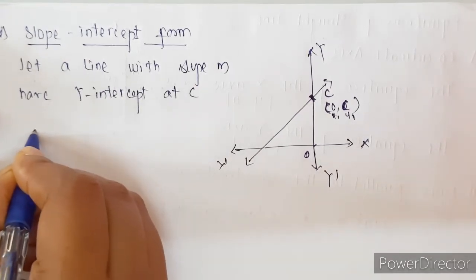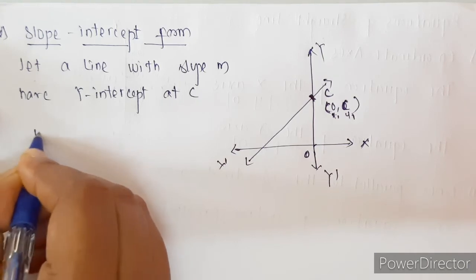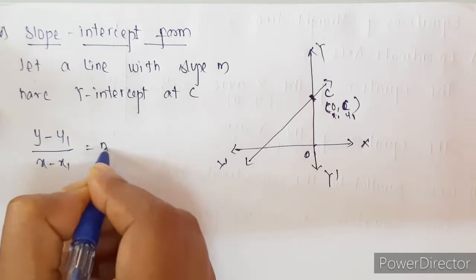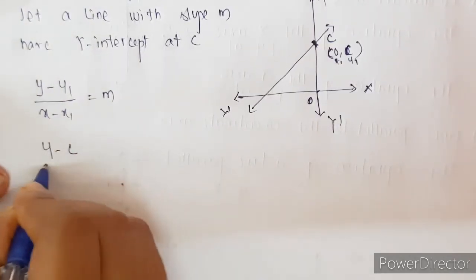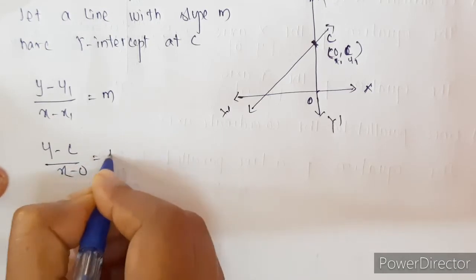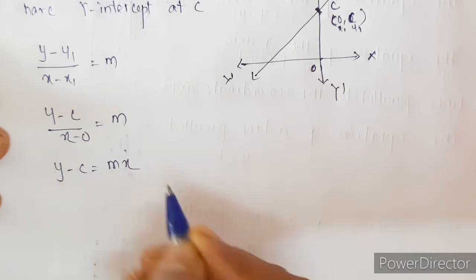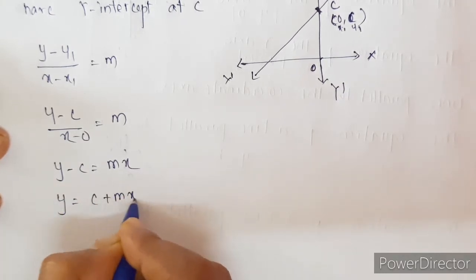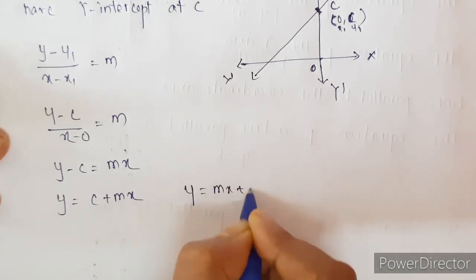Your x1 is 0, y1 is c. So y minus y1 upon x minus x1 is equal to m. So this can be written as y minus c upon x minus 0 equals m. You can write this as y minus c equals mx, or y equals mx plus c.